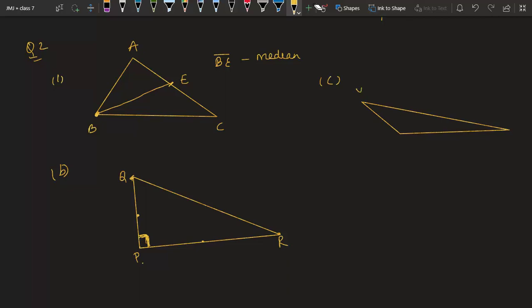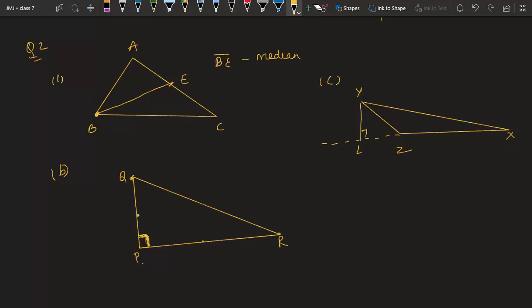That means this is Y. You can say this is X and this is Z. So triangle name is XYZ. If you extend this side, as I've told you, the altitude will obviously come outside only, like this, and we have to call it YL.